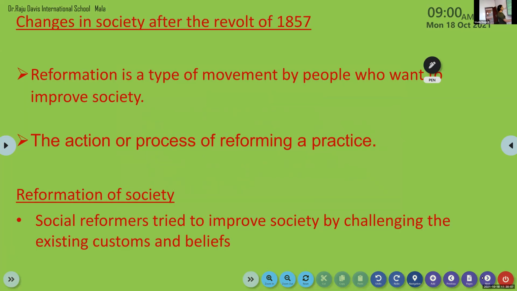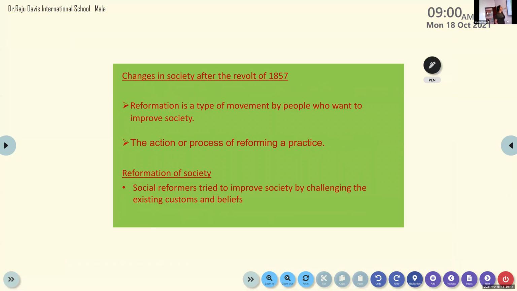Now we will move on to the first topic, reformation. I have told you, reform means restructure. The Indians were blindly believing in some social customs and practices which were not at all good for society.